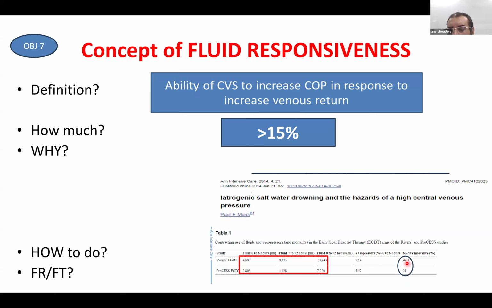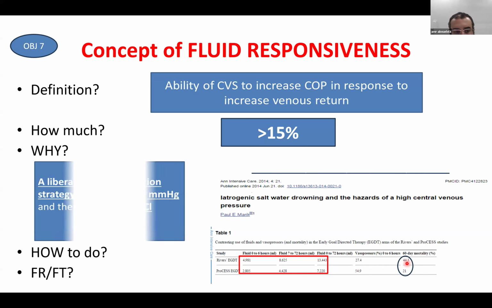It means that giving too much fluid to the patient is not a good approach. This is a wrong approach, and it is increasing the mortality. You should be very cautious deciding whether to give fluid or not. We should know if the patient will really be a fluid responder or not.